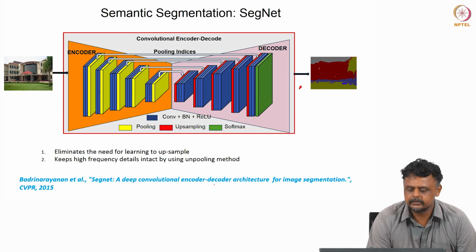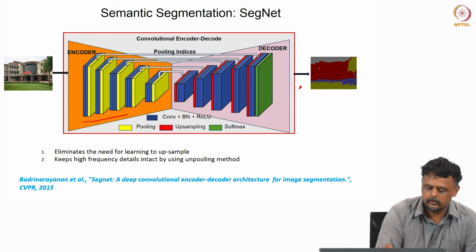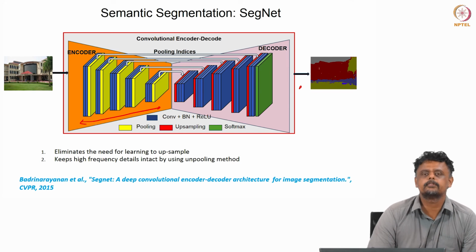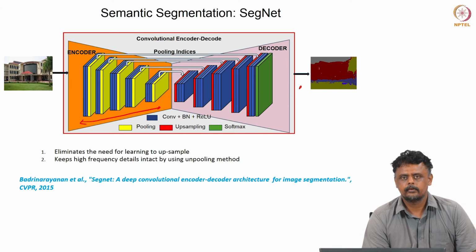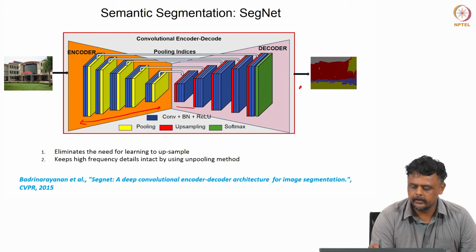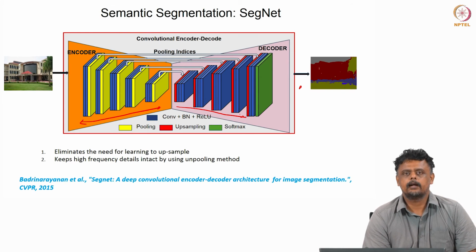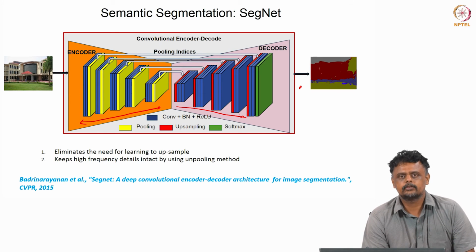So how this works is basically we have an encoder, a series of convolutions and max pooling layers, and after we reach a specific size of feature map, we would once again do a decoder. These are again a series of convolutions and max unpooling, as it's called.